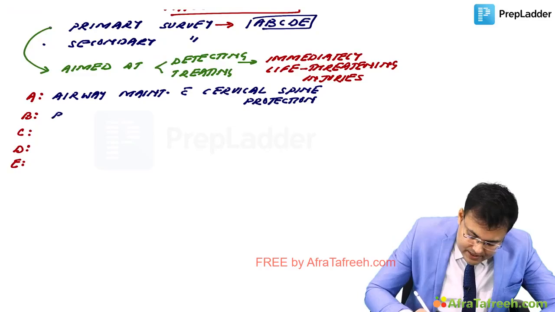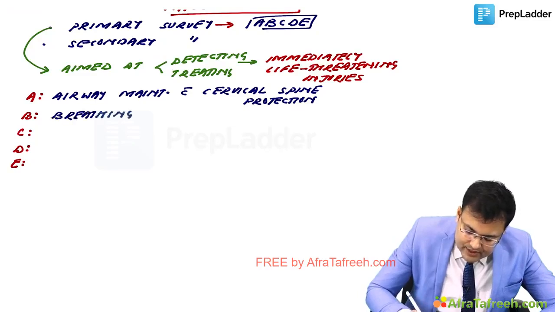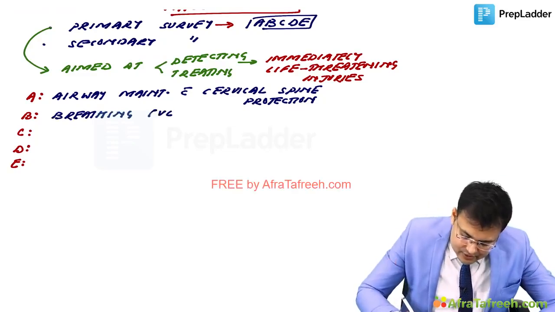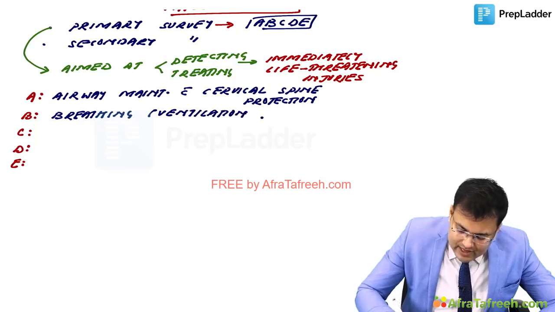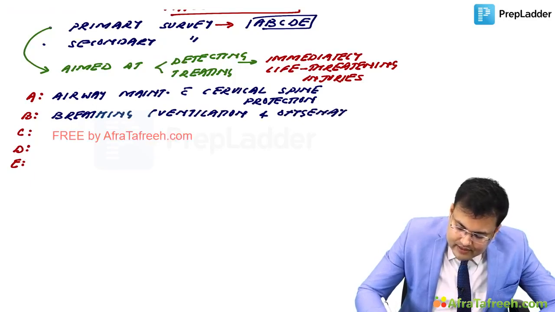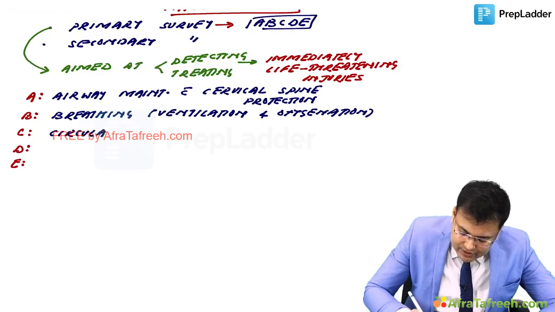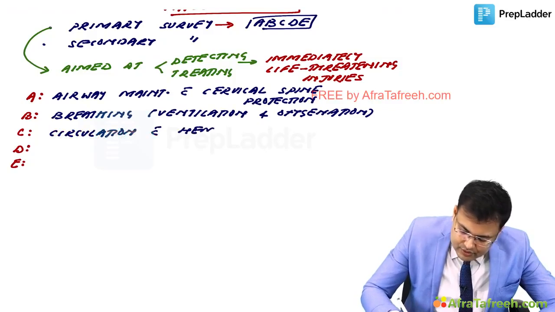B means breathing, and this breathing includes ventilation and oxygenation. Clear? C is circulation with hemorrhage control.